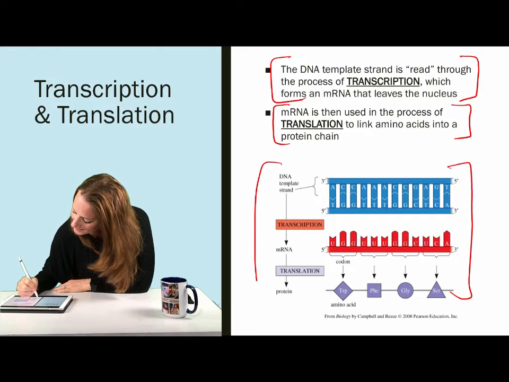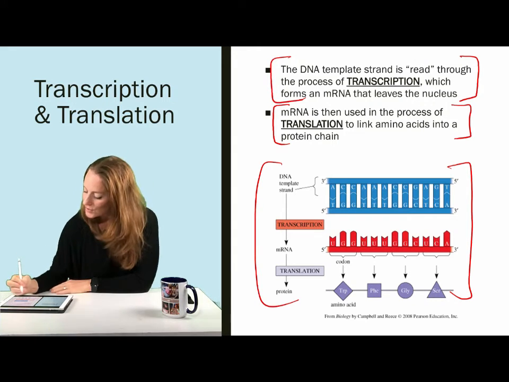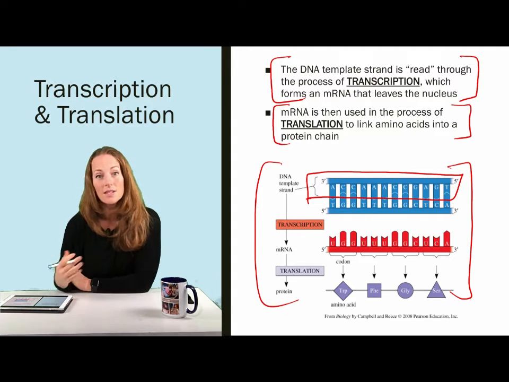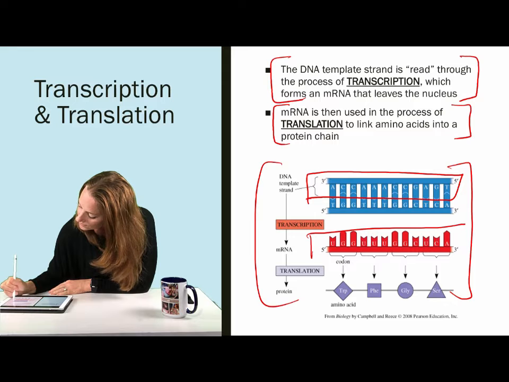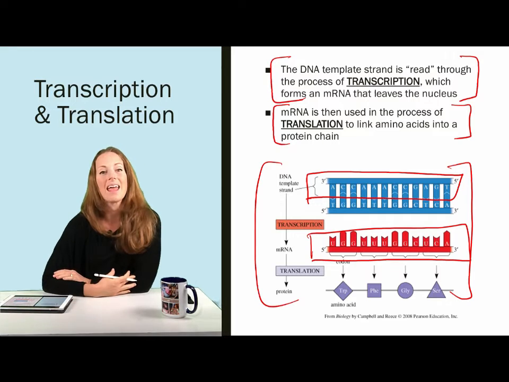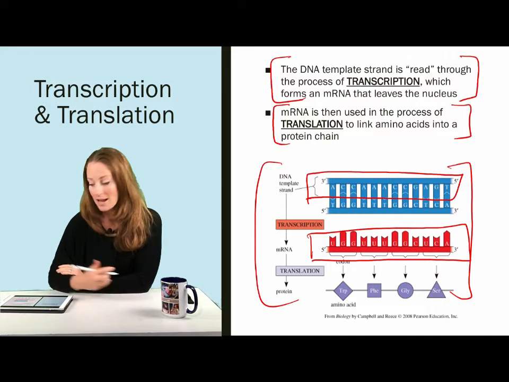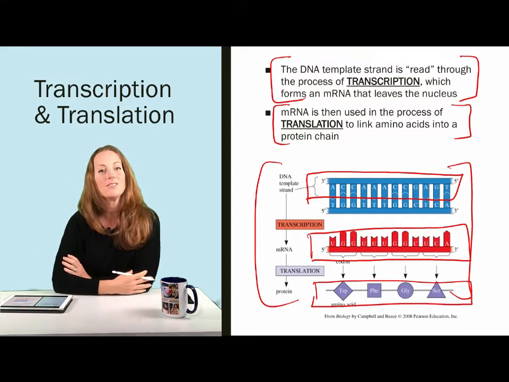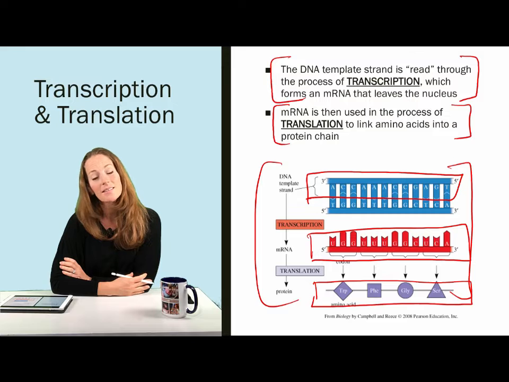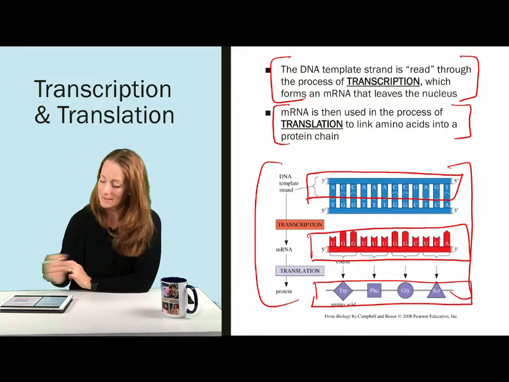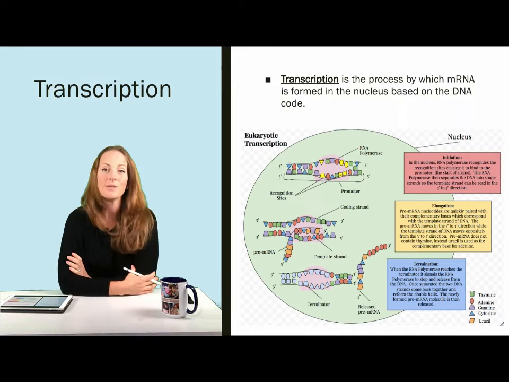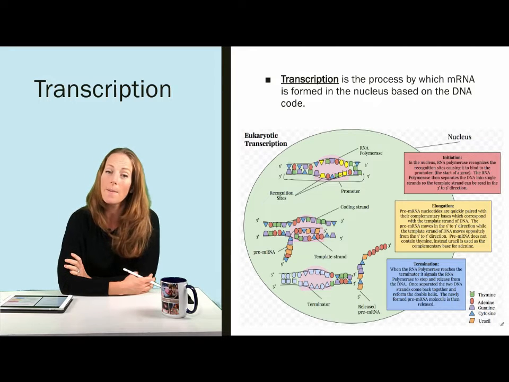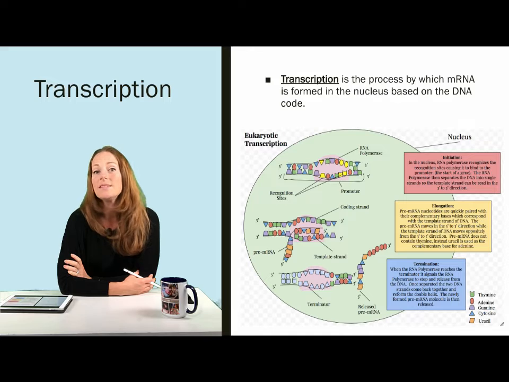We'll continue with this summary figure here so you can see that we have a template strand of DNA that's used to form a single strand mRNA. And that mRNA then is used to encode an amino acid chain. This is the process of protein synthesis. So first, transcription. So transcription is the process by which mRNA is made from the DNA template.